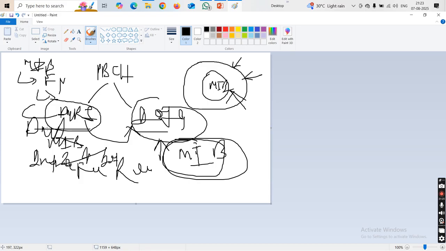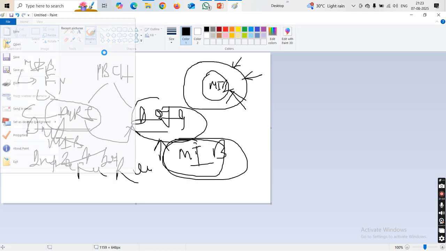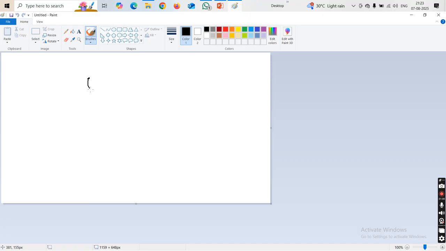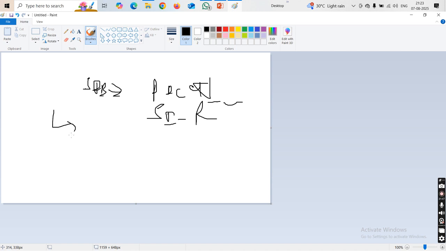In the same way, once the MIB is decoded, you have the idea about the SIB1, right? And SIB1 is scheduled via the PDCCH using SI-RNTI. It contains what? Again, PLMN ID.